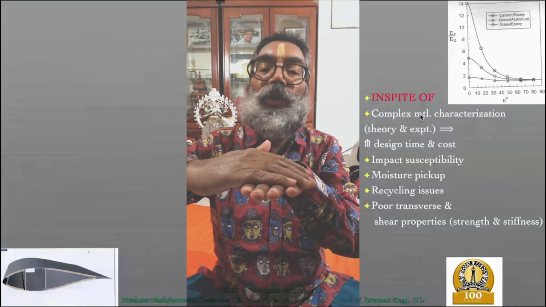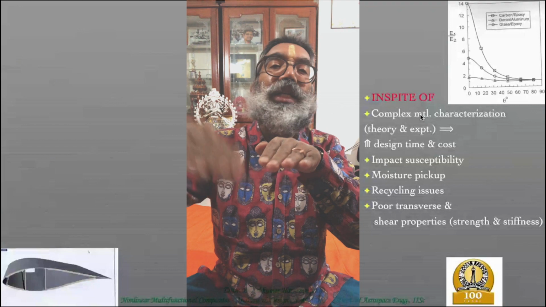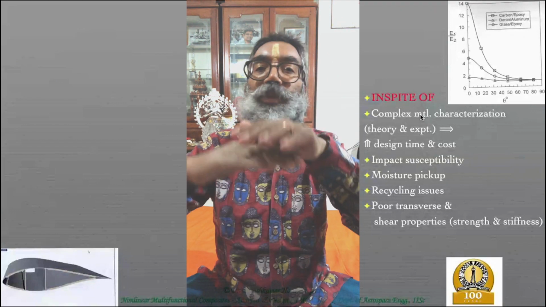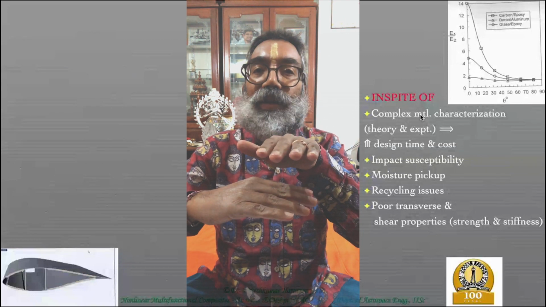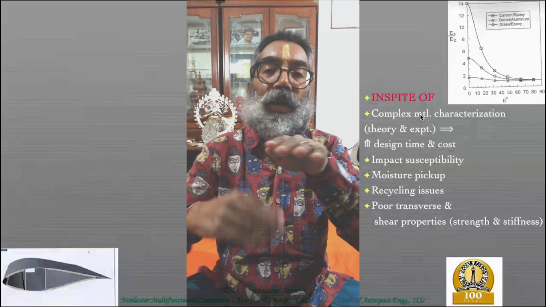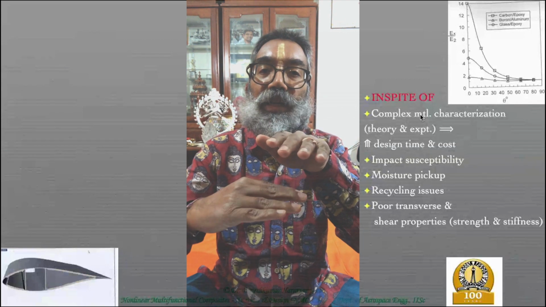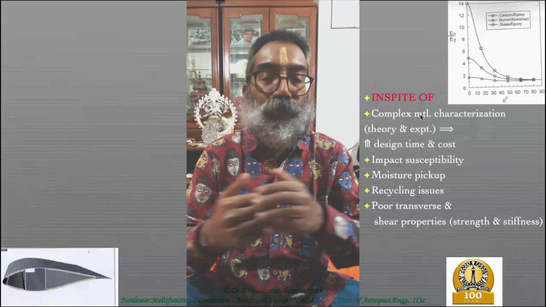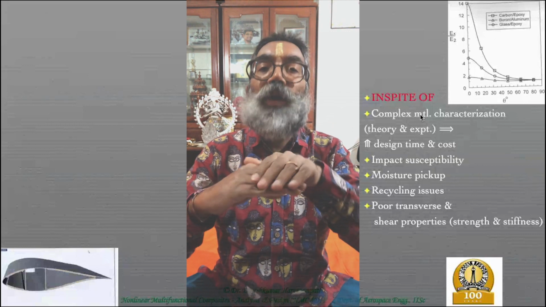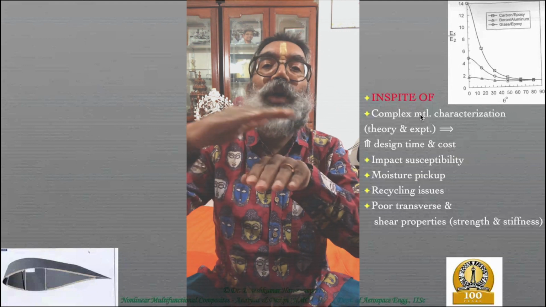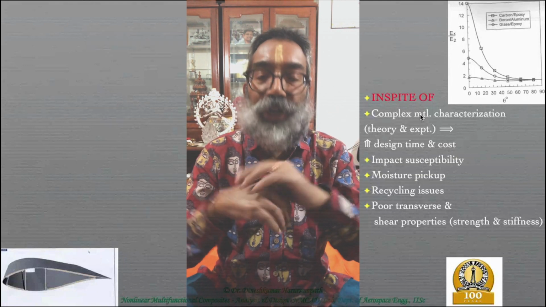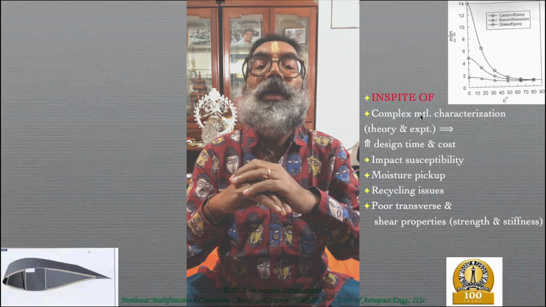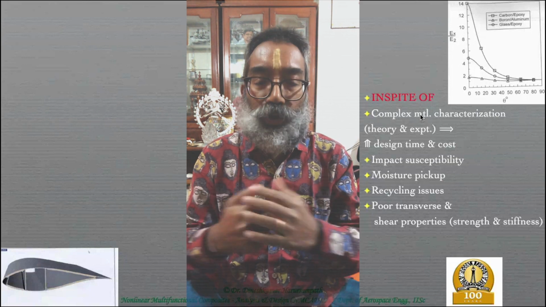If you have lamina which are only 0 degrees and 90 degrees, stacked in whatever way, as long as all the layers are only 0 degrees and 90 degrees, it's called a cross-ply laminate. Now, along with these 0 and 90, if you have plus minus 45 as well, in appropriate ratios, which we'll go to later, we get what is known as a quasi-isotropic material.